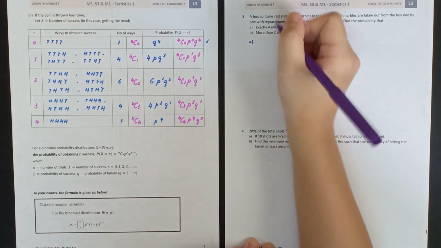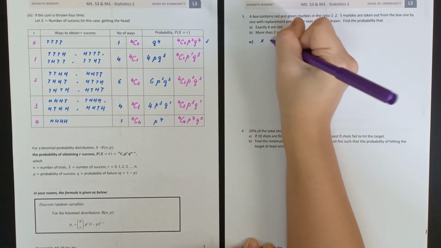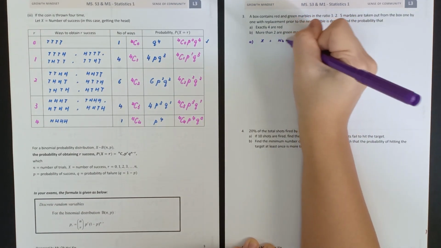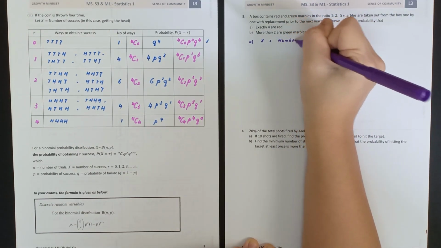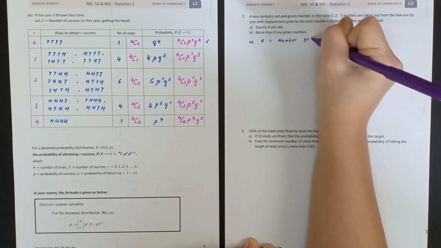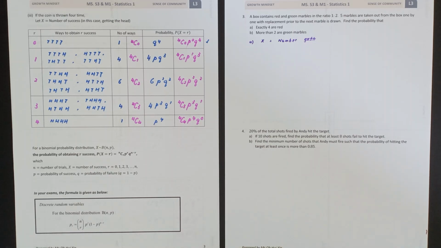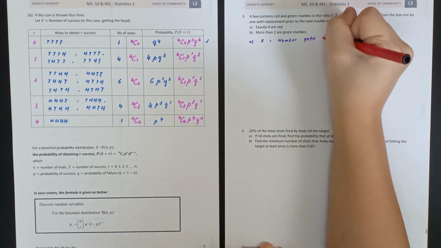So you want to get a red one, so maybe let us just do it for the x. So x is basically the number of red marbles.